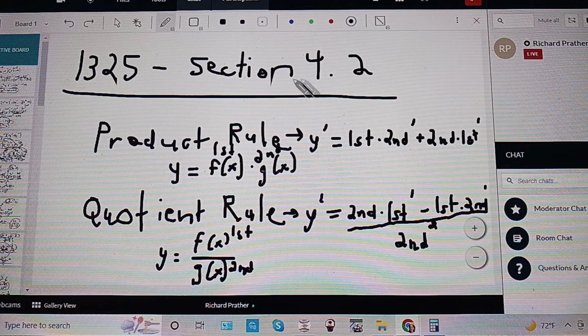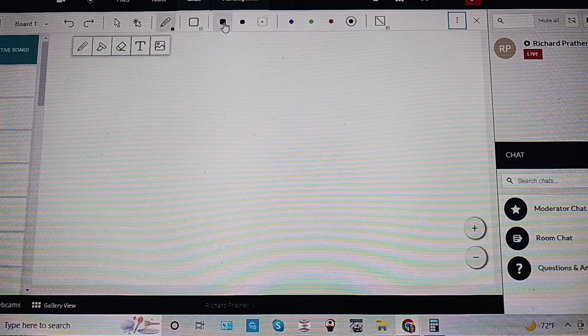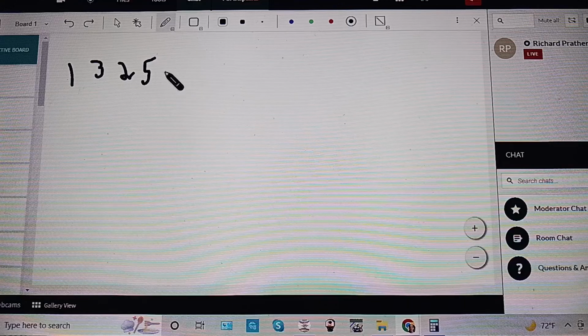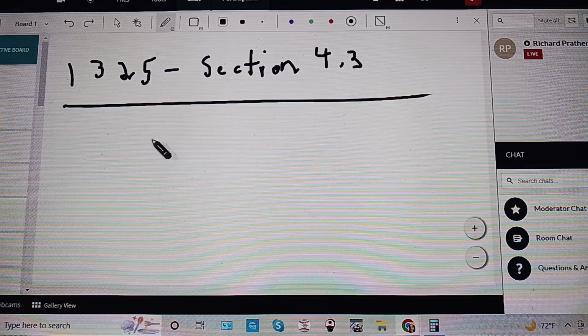So last time we did section 4.2, product rule. Today is section 4.3, and this is called the chain rule. The chain rule actually happens all the time.